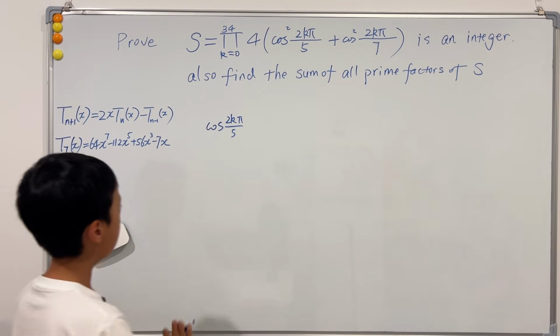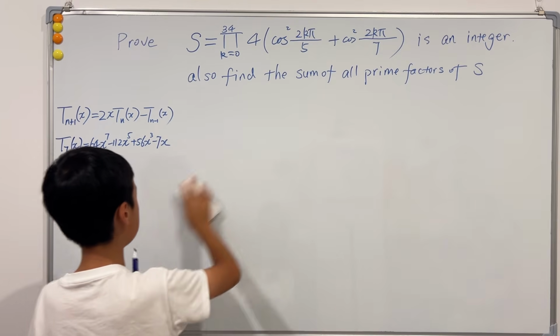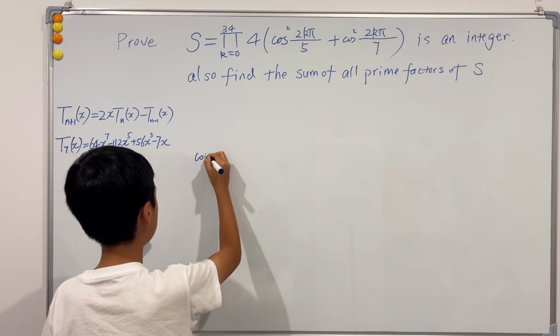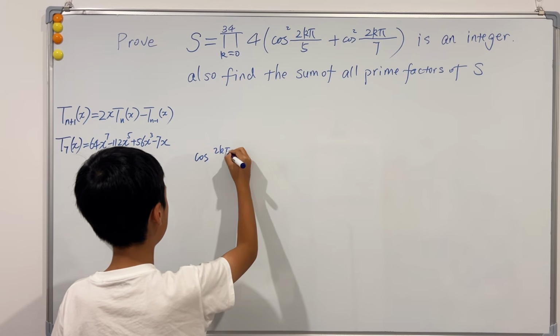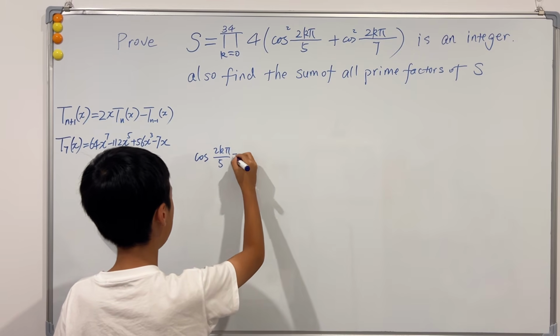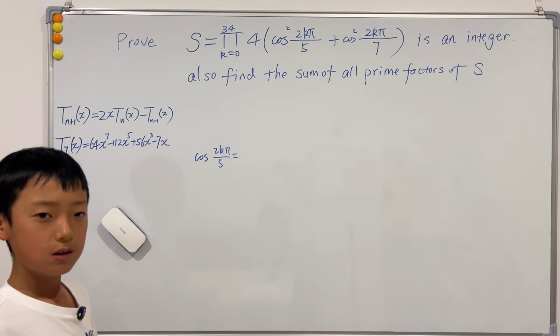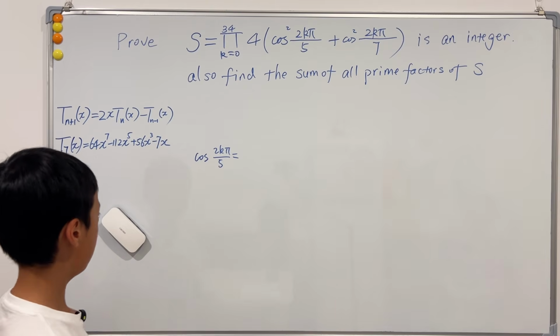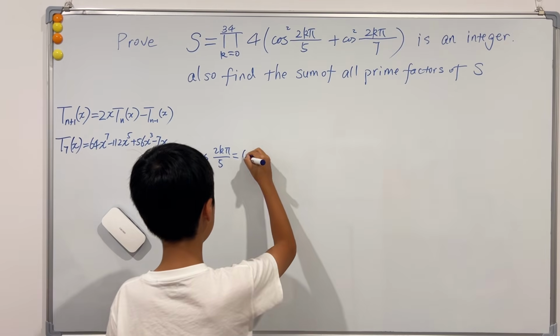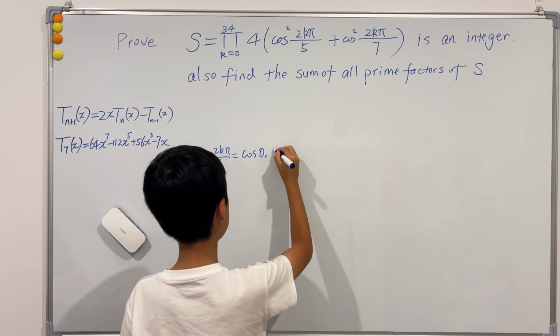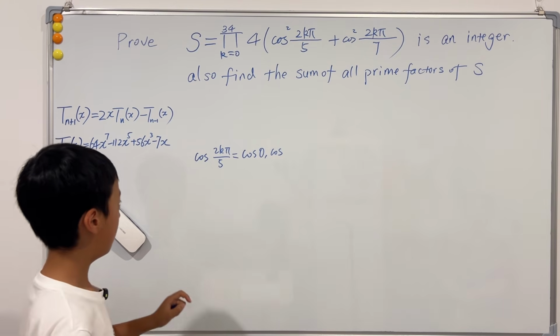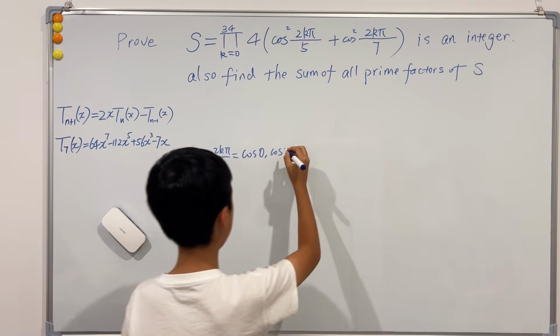Okay, now, actually, I'll write this a bit lower. So I'll write it here. Cosine of 2k pi over 5. And this is equal to, when k starts from 0, cosine of 0. Then it'll be cosine of, k is 1, 2 pi over 5.